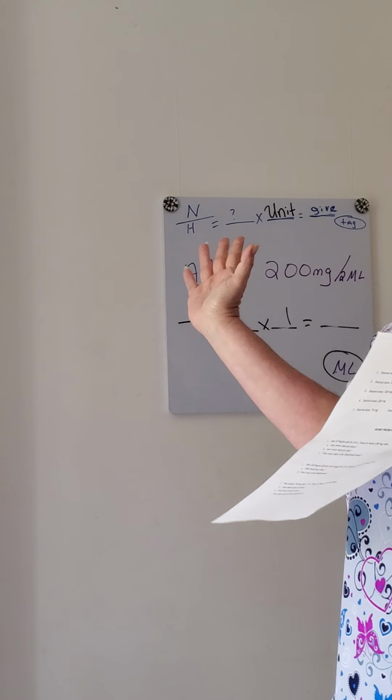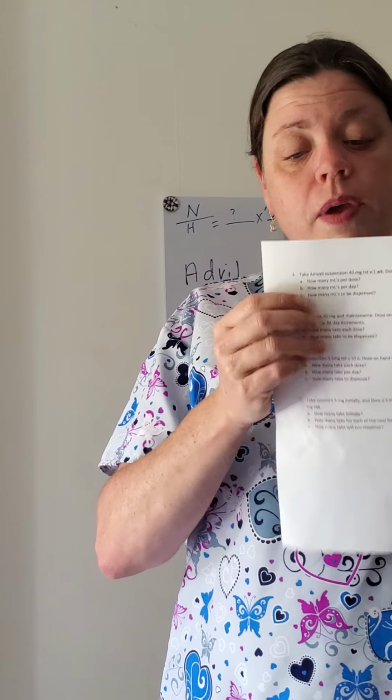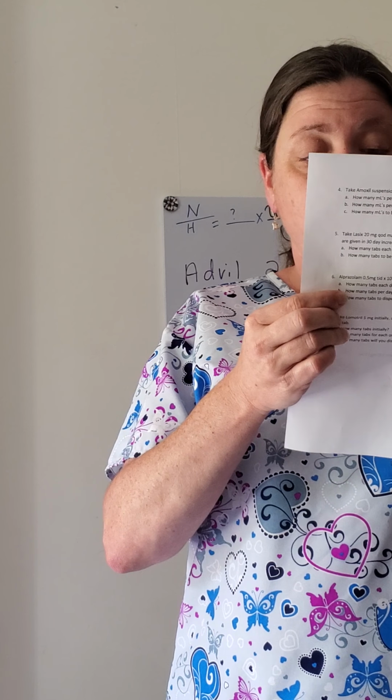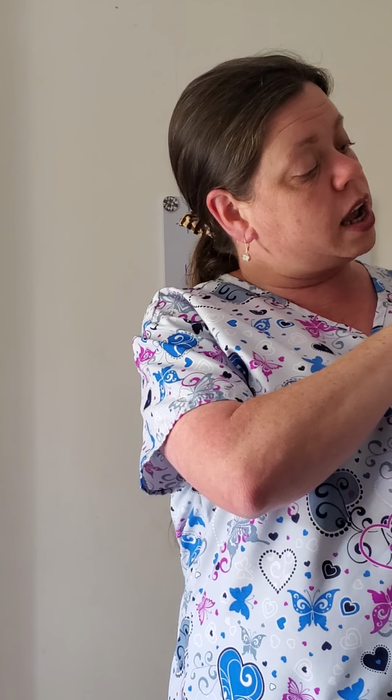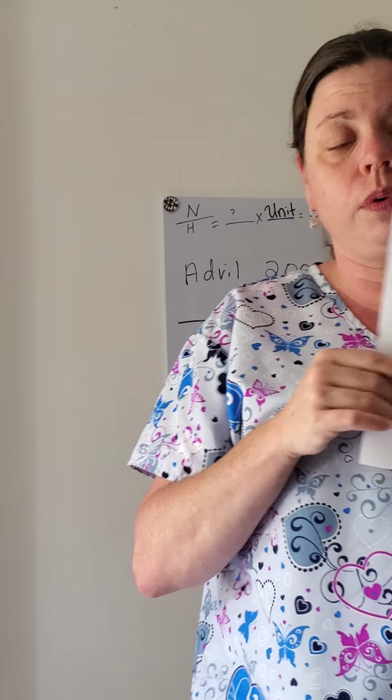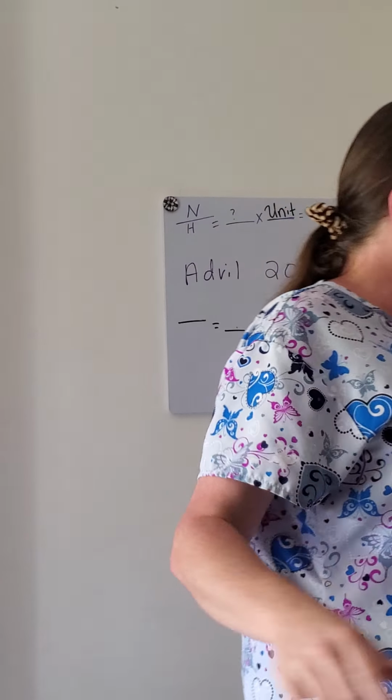And that's exactly what we did today, and in the video yesterday. Same thing on the back: how many mLs per dose, how many tabs each dose, how many tabs initially. Well, you might want to wait on that one, but the other ones you can definitely do, okay? Just that first part of each problem.